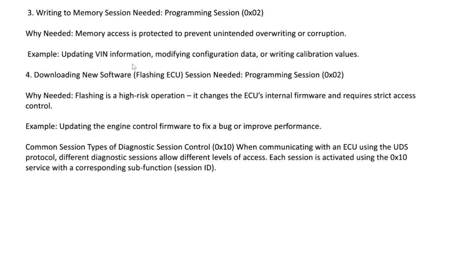For example, updating vehicle information, modifying any configuration data, or writing any calibration values. These are all very restricted memory access, so anyone cannot access these things. That is why we have to move from the default session to the programming session for updating this information in the ECU.